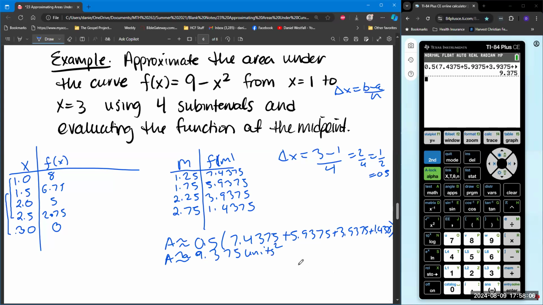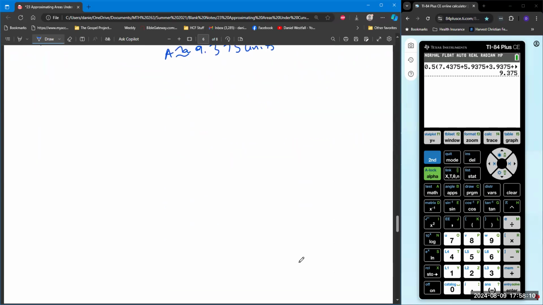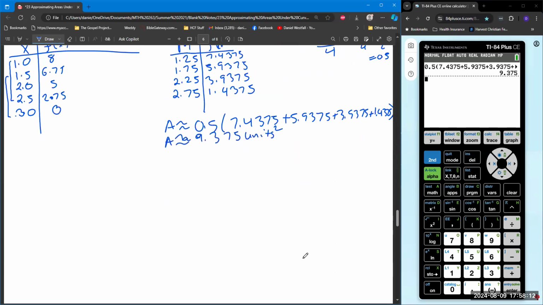All right. I'm going to come back now, and I'm going to use this left endpoint and right endpoint. I'm just going to do it on here.